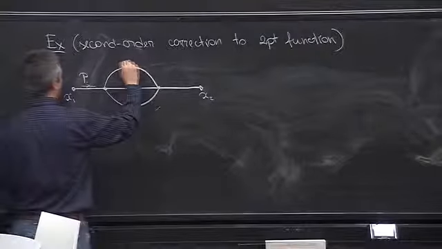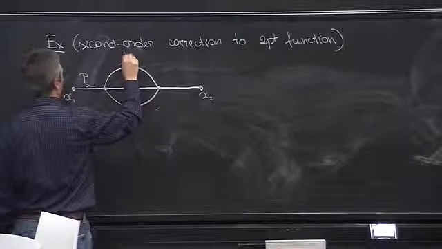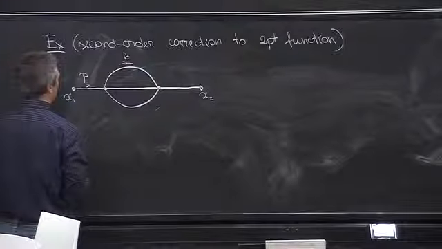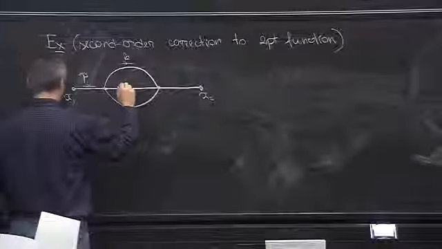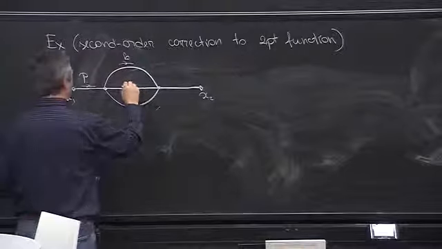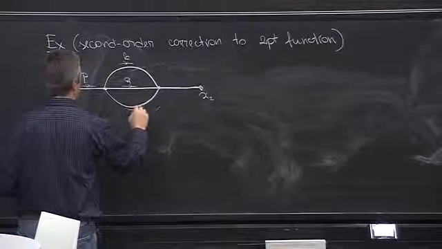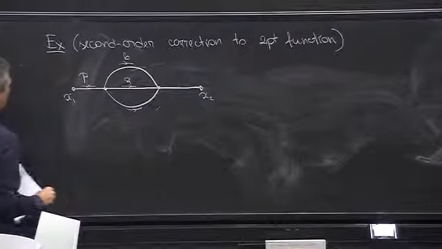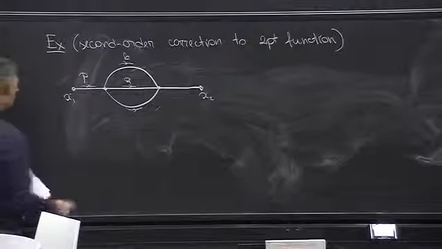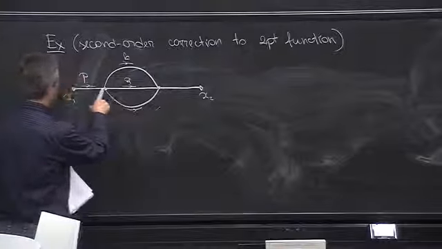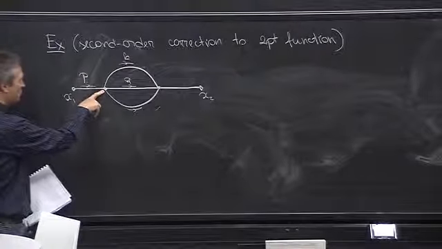So let's say that this momentum is K. This momentum is Q. And this momentum, well, we know, because there is a conservation of momentum in this vertex.